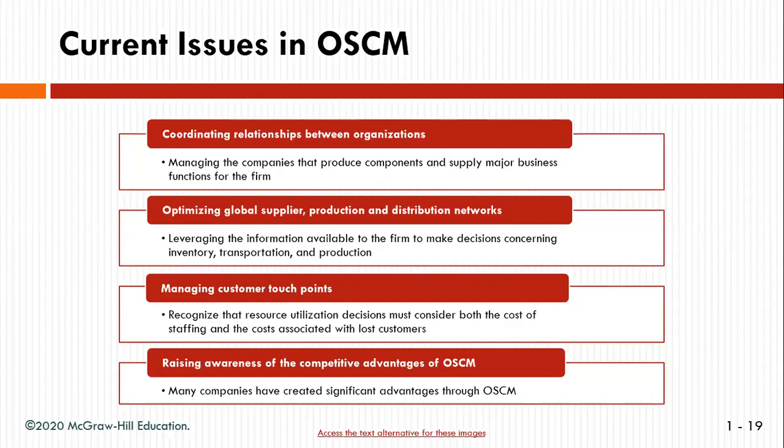It is managing the companies that produce components and supply major business functions of the firm. We will bring some software. You will look at them, very sophisticated ones, and how they work in this CRM or BPM or BAI. These are information that you're going to look at. So we will have two ways of looking.